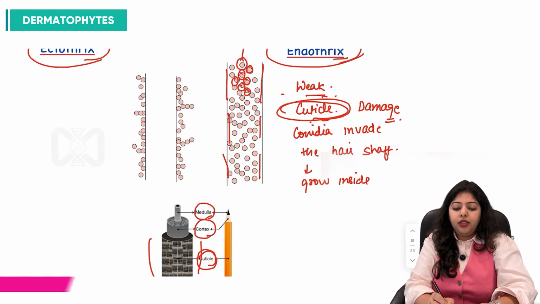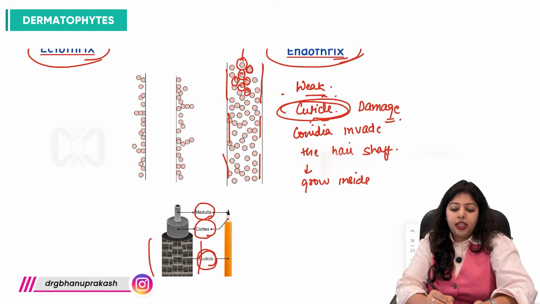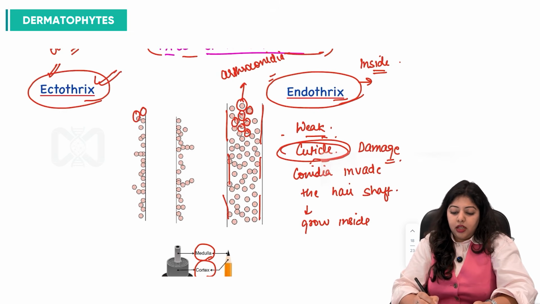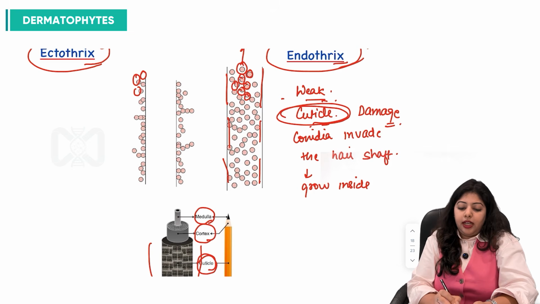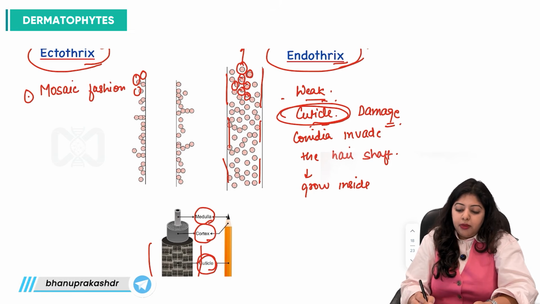Then we have another type of invasion, which is the ectothrix. Ecto, from the name itself, we can make out that this stands for anything which is outside, right? So these conidia would be present outside, either in a mosaic fashion or in chains. Can we appreciate these small chains?